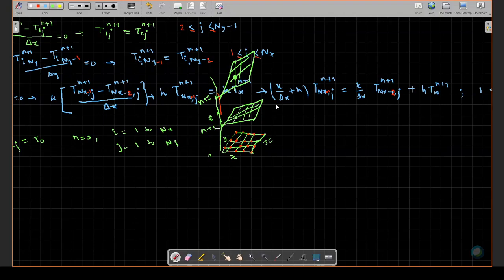These changed values now become known values, nth level values. So to start, these initial conditions are important. Once we get the n plus 1 solution, we can get n plus 2, n plus 3, n plus 4, n plus 5, n plus 6.